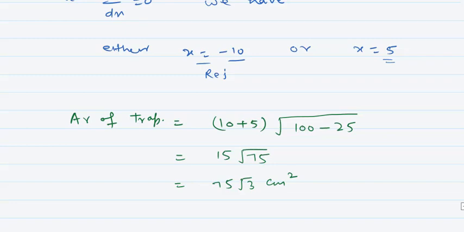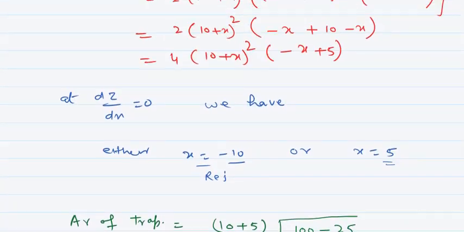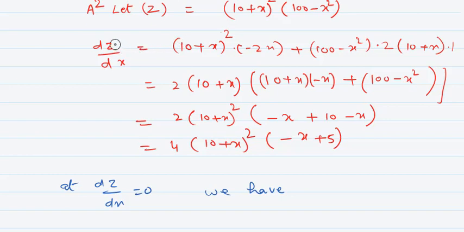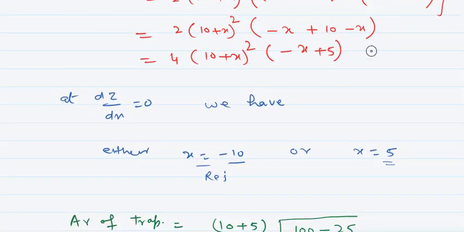Now next we need to prove that this area is maximum, and for that you are very well aware that we need to calculate the double derivative of the function, which can be calculated by using the product rule. So let us calculate d square z upon dx square using the third expression. Let me name this expression as third.